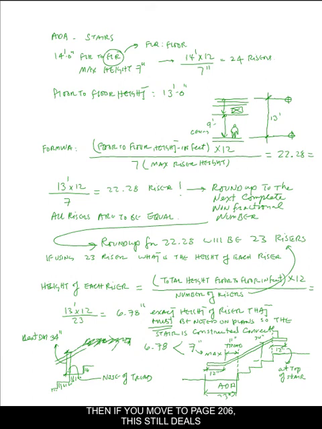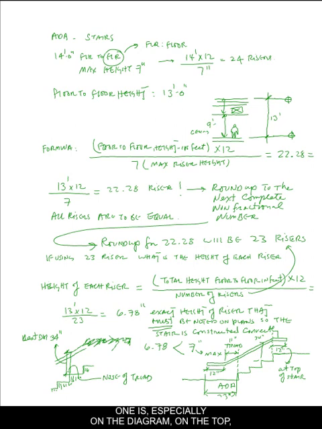Then if you move to page 206, this still deals with the accessibility issues, routes, aisles, how you can get from one point to another, page 207, and 208. Page 209 shows you the arrangement of the stalls, the vans.